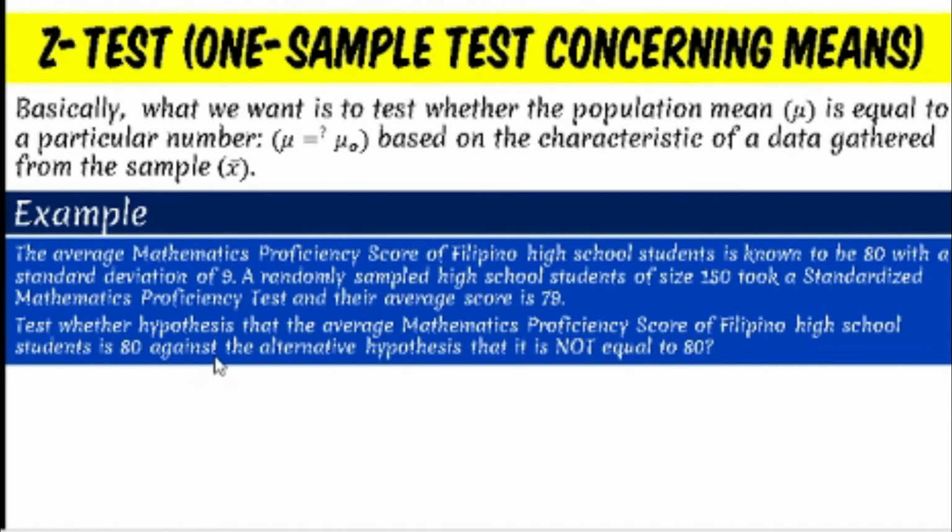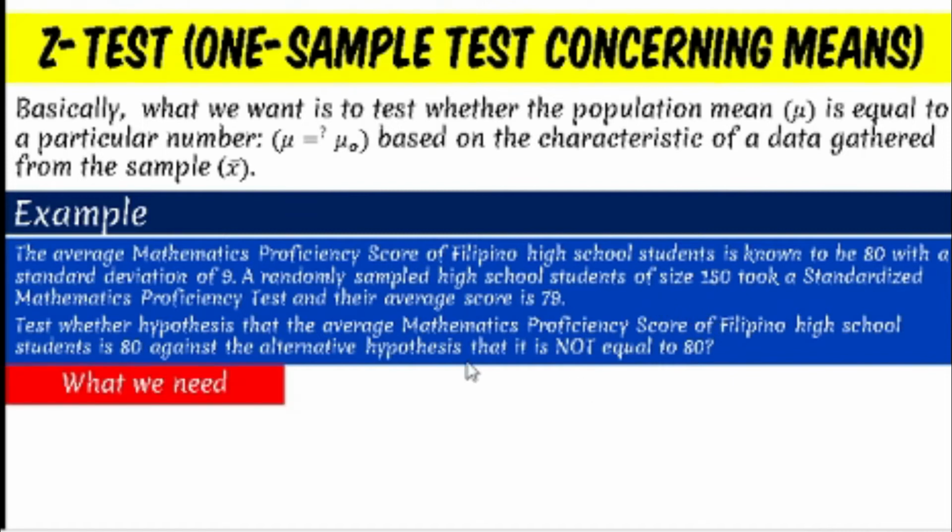Test the hypothesis that the average mathematics proficiency score of Filipino high school students is 80 against the alternative hypothesis that it is not equal to 80. So we are challenging the first statement, that the average mathematics proficiency of Filipino students is 80, by testing our data gathered from the sample of 150 students who participated in the test.